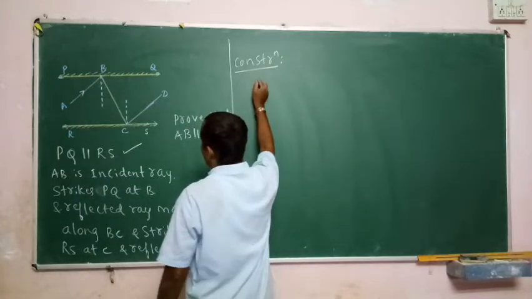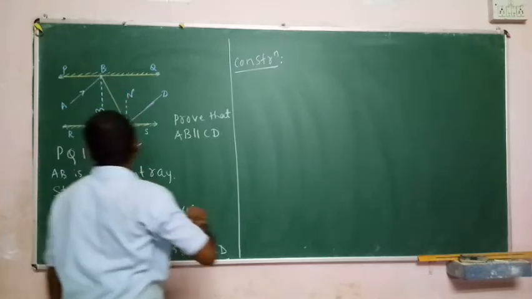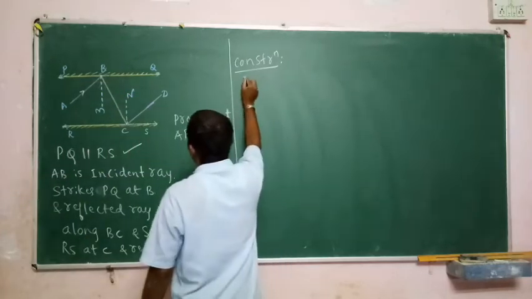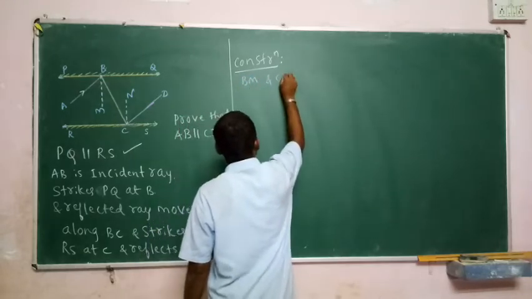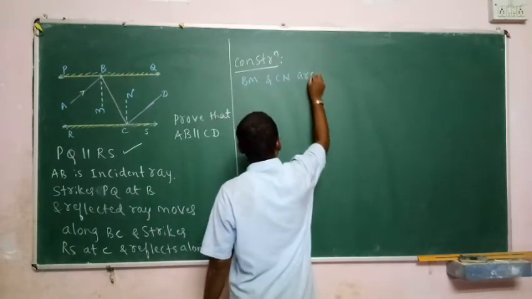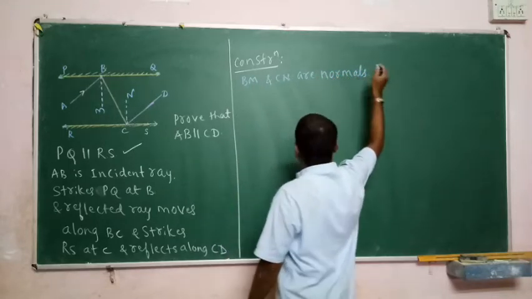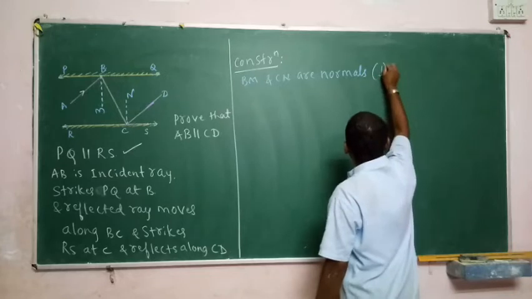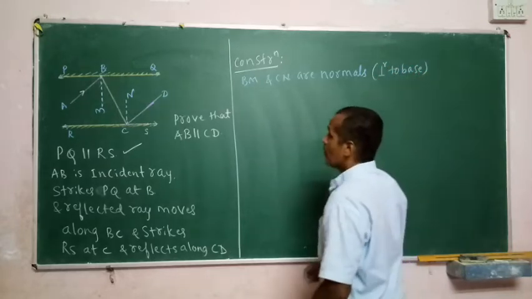I will call these BM and CN. BM and CN are the normals, that means perpendicular to base.